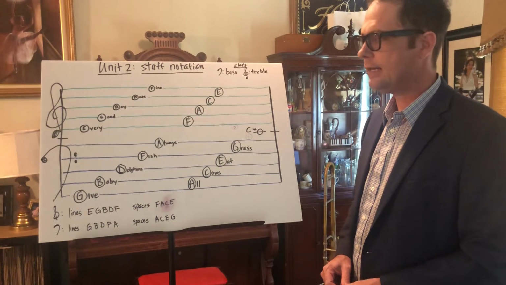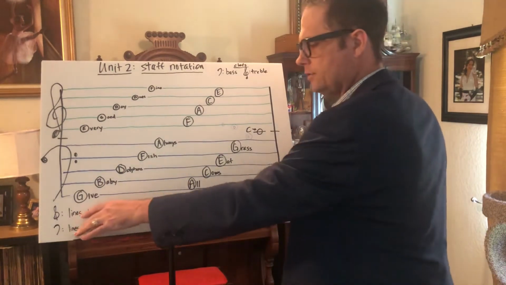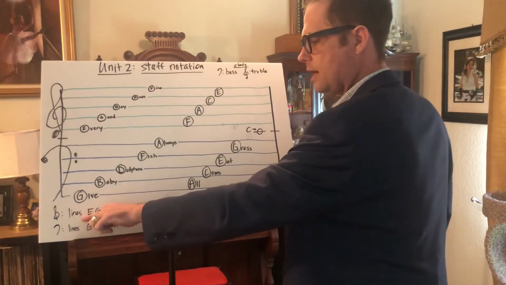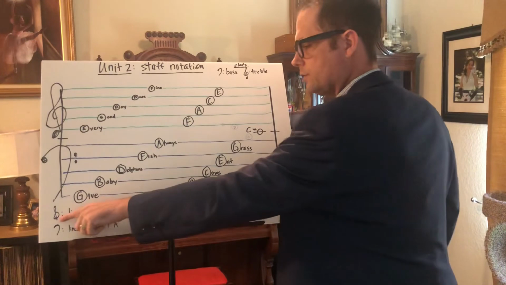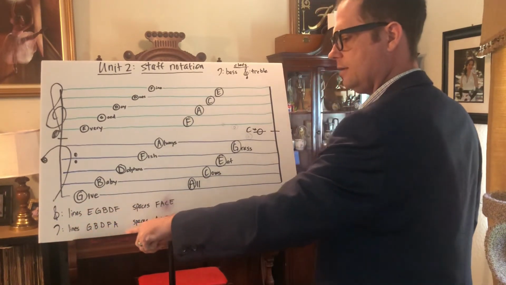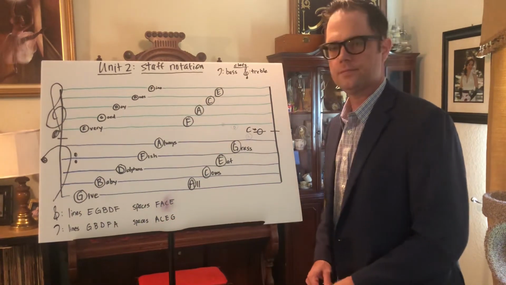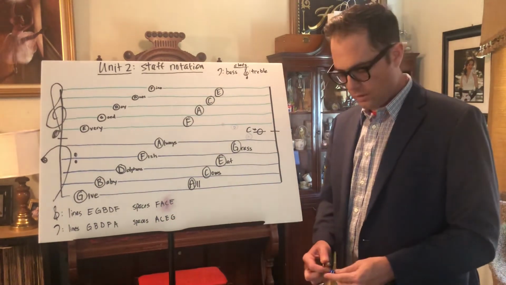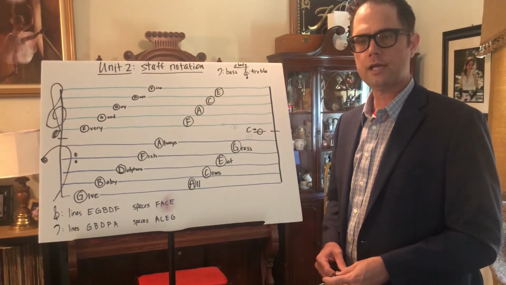But that is it for Unit 2. Down here, this might be too small to see on the screen. This is just the lines E, G, B, D, F, and spaces F, A, C, E. Those are treble clef. Bass clef, G, B, D, F, A for lines, spaces A, C, E, G. If you have any questions, come to office hours at 1, Tuesday, Thursday.